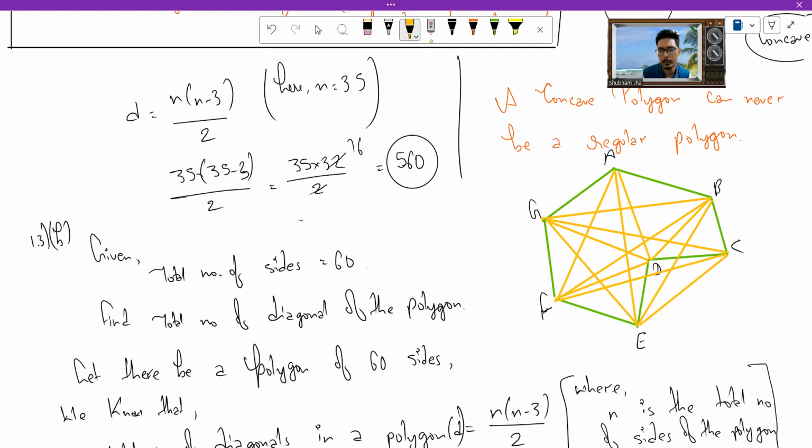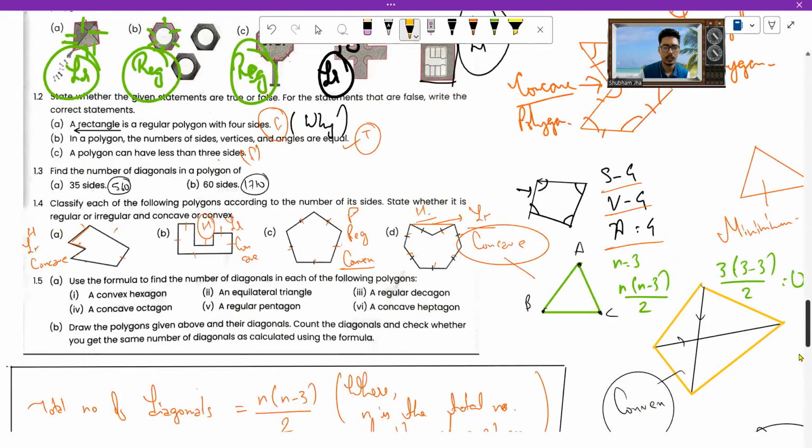No, and this will be my 14th. Now, if you can see, each and every vertex is having 4. The total number of diagonals is 14, and we have already calculated that the total number of diagonals was 14.